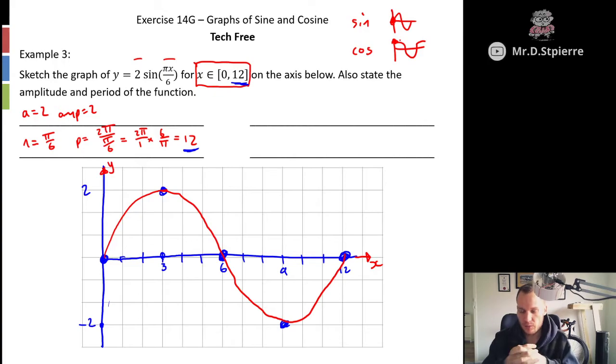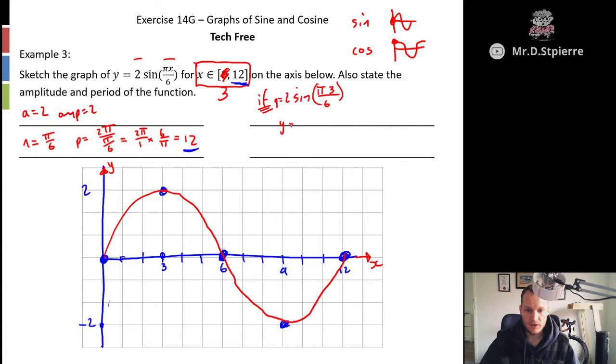It's going to get a fair bit more complex than that, because we might have, what happens if we had restricted this domain instead to 3? Well, then you would need to actually substitute it in to find where our actual starting point is. So in this case, if we had our change of domain, y is equal to 2 sine, we need to substitute in our starting point, so we get pi times 3 on 6.